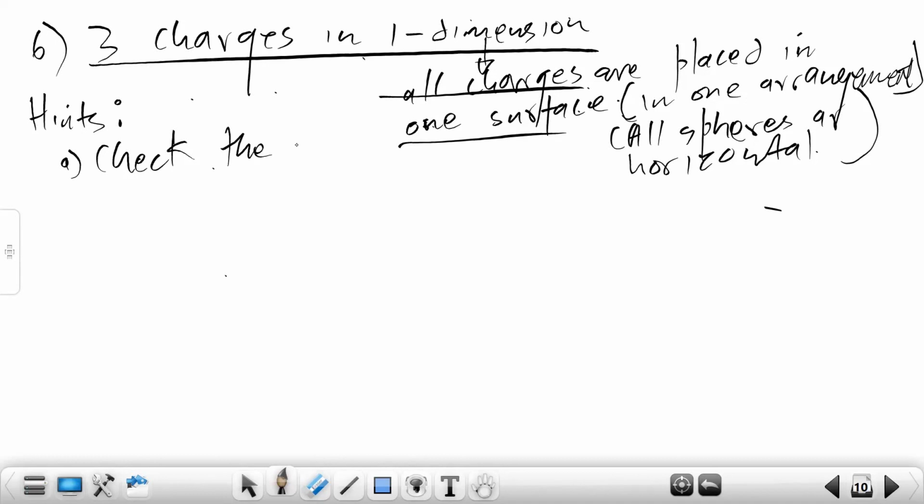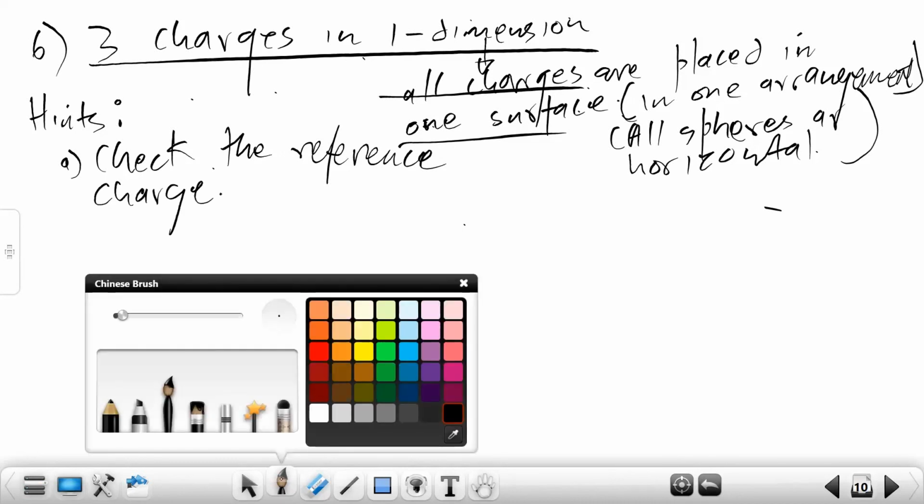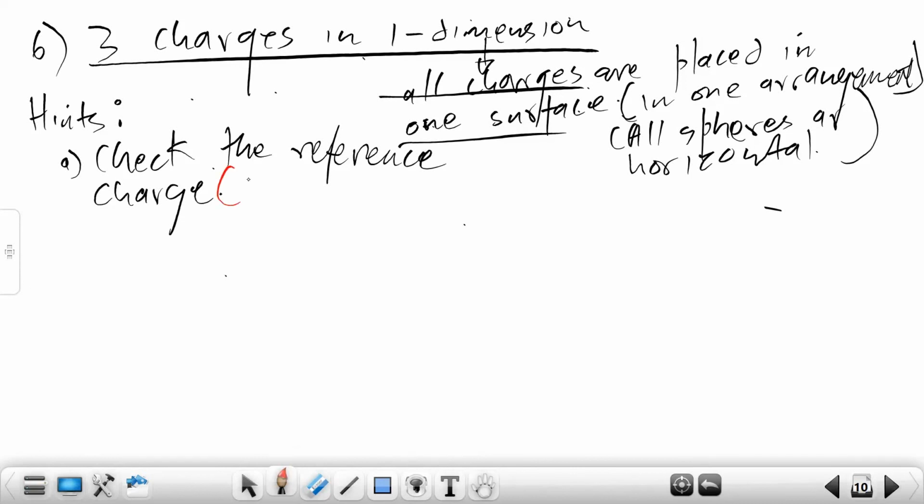Check the reference charge. What is a reference charge? Where do we get it? This should always be given. When you read the question, it will be specific. Are we working with Q1, or Q2, or Q3?